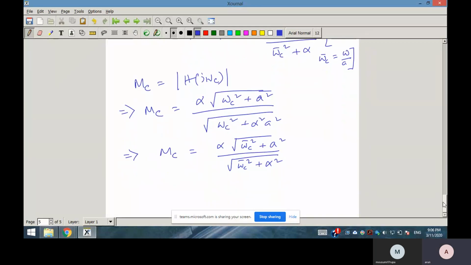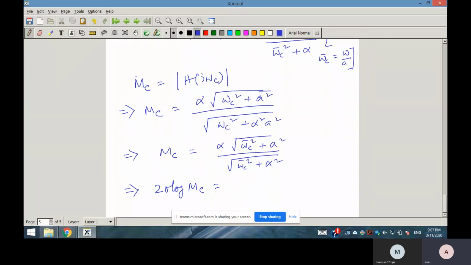So now, before defining further, I will just compute this one. 20 log of Mc, that means in dB.